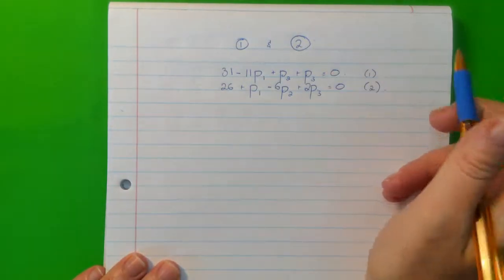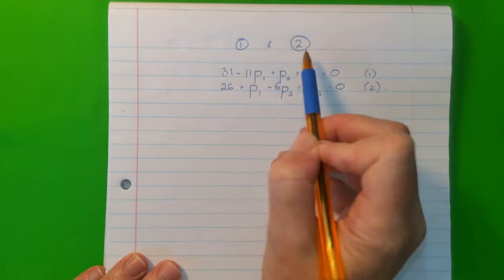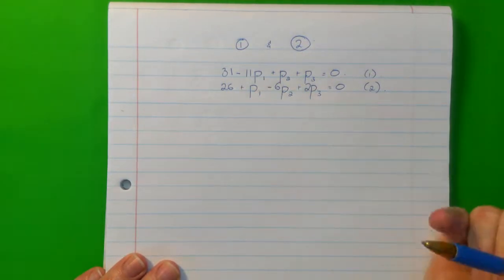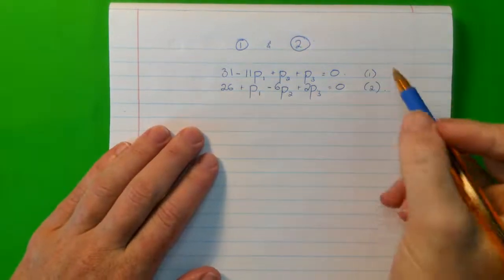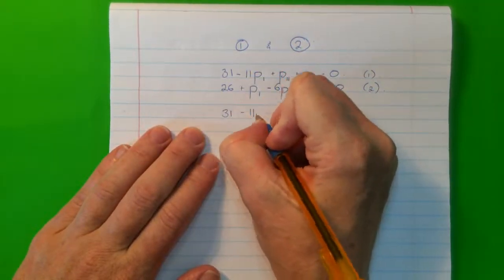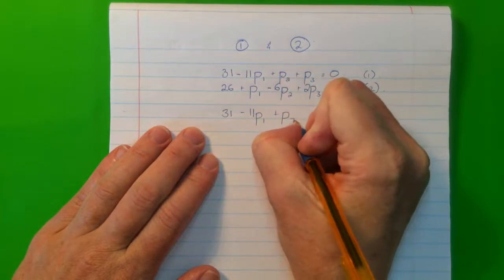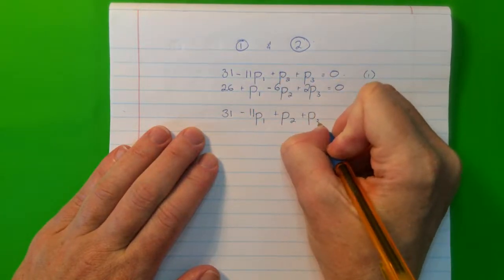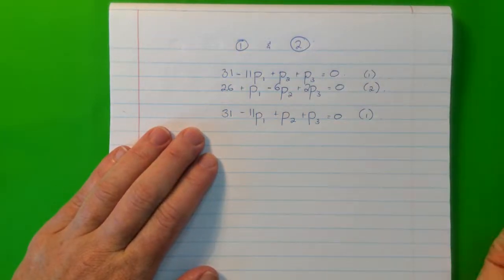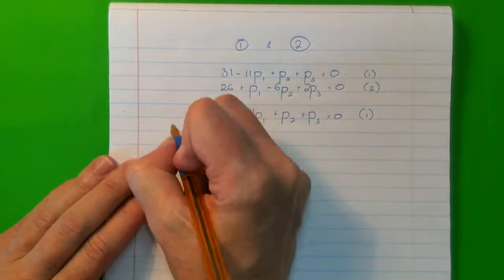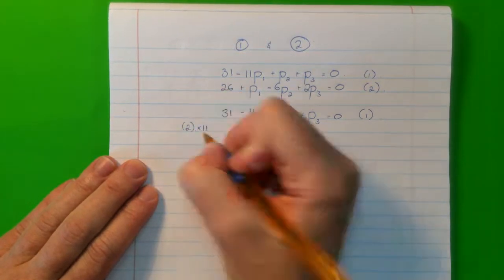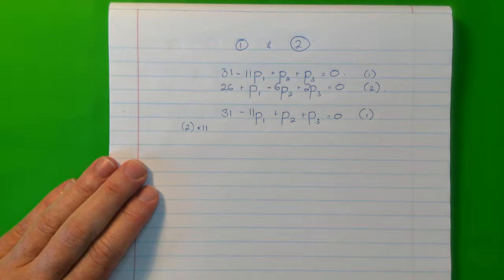We will start now working with equations 1 and 2, and remember that we want to eliminate variable P1. So what I'm going to do is I will rewrite equation 1 as is, and I'm going to multiply equation 2 by 11. Okay, so we'll take equation 2 and multiply it by 11.